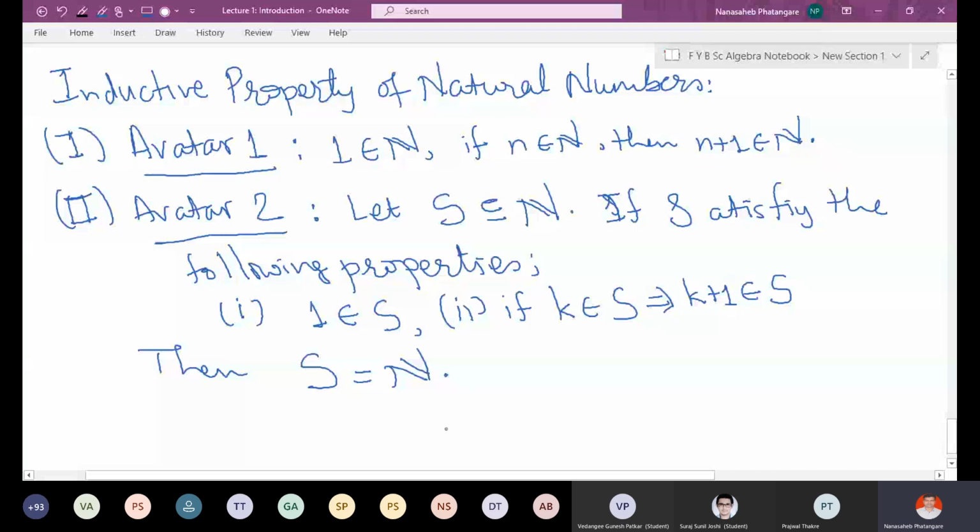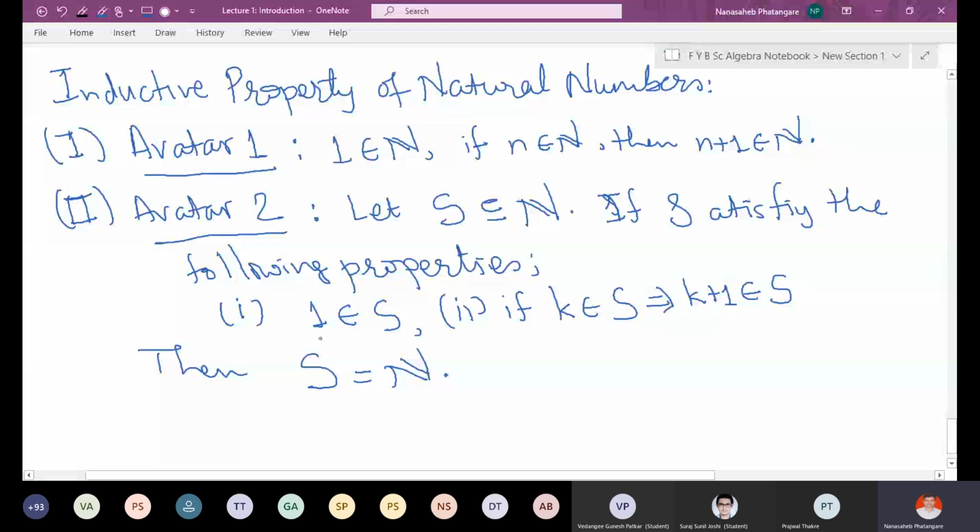Suppose you have some set, whatever the objects in that set may be. As I told you in yesterday's lecture, these symbols 1, 2, 3 that we use for natural numbers are not special at all. For our understanding we have accepted them and we are using them. In a real life situation, you can have a set of objects, and suppose you assign one object as the first object, and the second object as the consecutive next object, and so on.